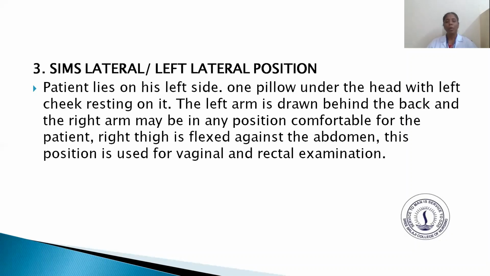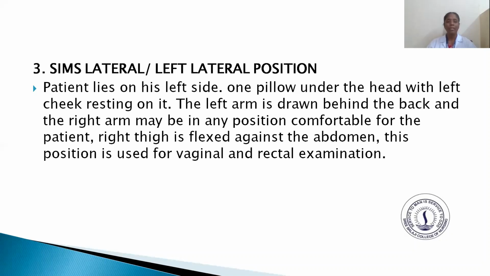The left arm is drawn behind the back, and the right arm may be in any position comfortable for the patient. The right thigh is flexed against the abdomen. This position is used for vaginal and rectal examination.